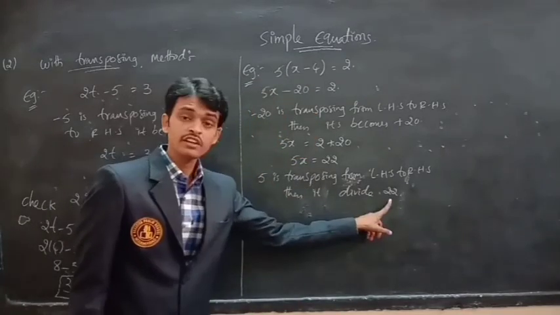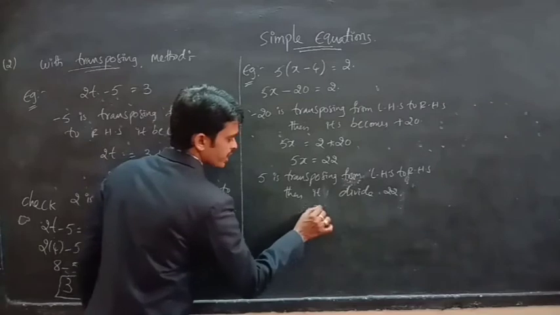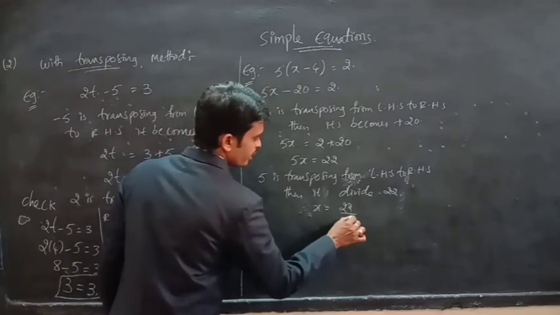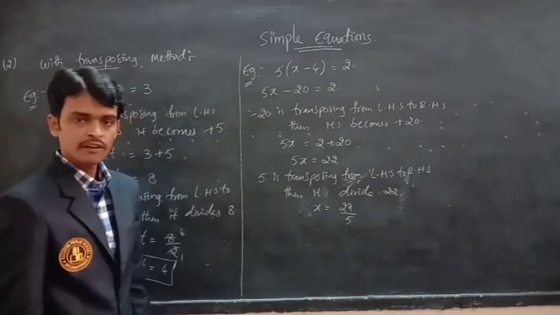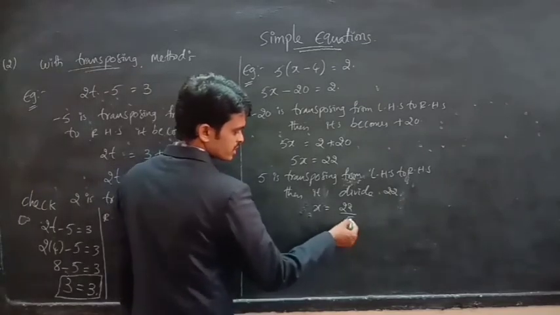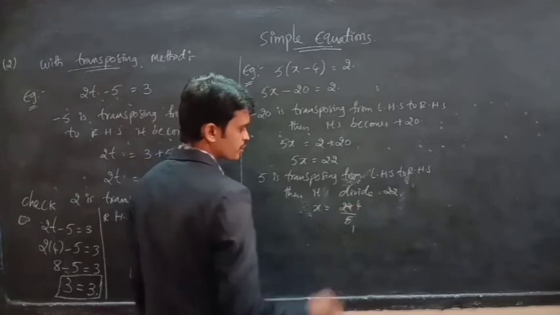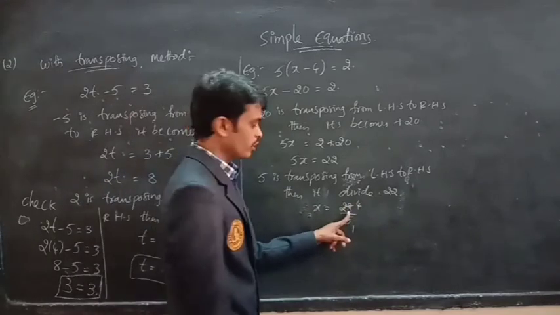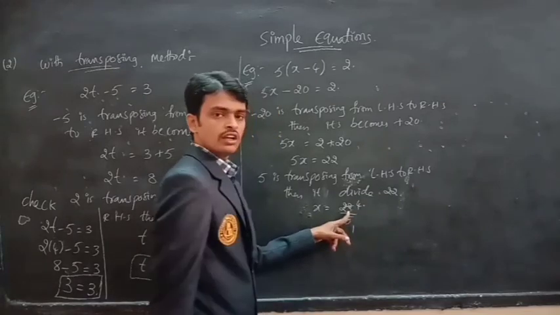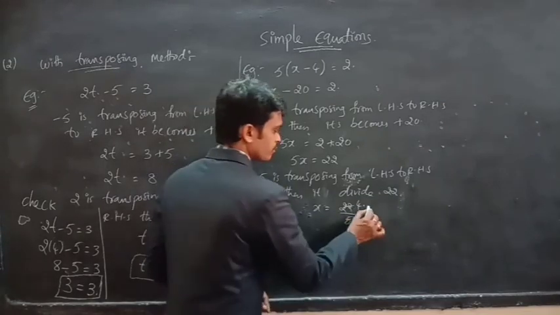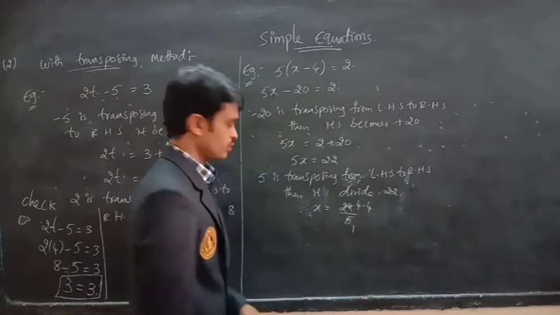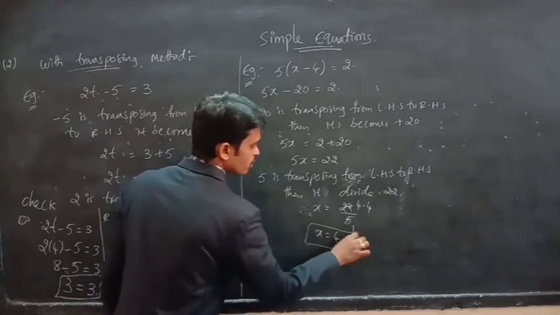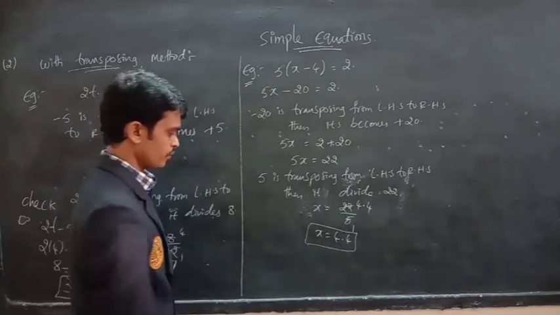Then 5 will divide 22. So x is equals to 22 by 5. Can you cancel it? Yes. 5 ones are 5, 5 fours are 20. Remaining 2. It will not cancel, keep the point. It will be 0. Again 5 fours are 20. So the x value is what? 4.4. The x value is 4.4.